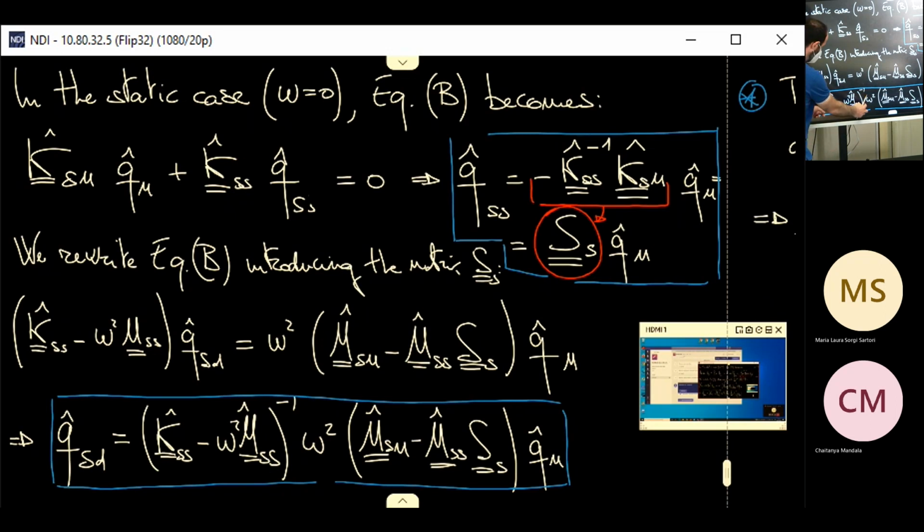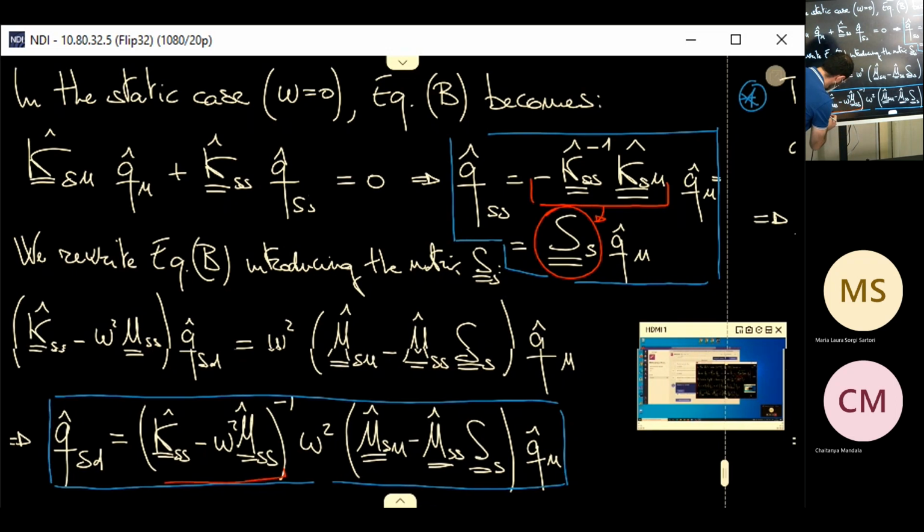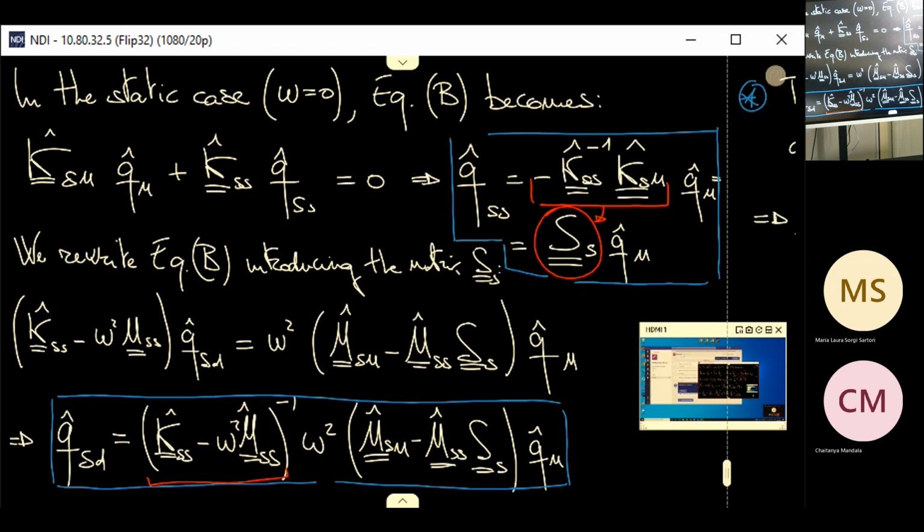When the first part here is equal to 0. And this is an inverse of a term. So it means that the direct part, so the one between round brackets here, this one, must be very large. If this is very large, its inverse is very small, and therefore all of this is basically 0. And what is the meaning of having this term very high, very large?